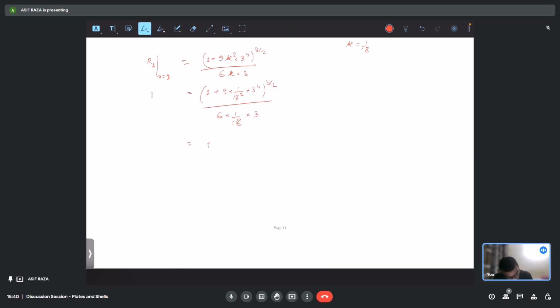The 18 squared cancels out with the 9, and we get (1 plus 9 by 4) to the power 3 by 2.